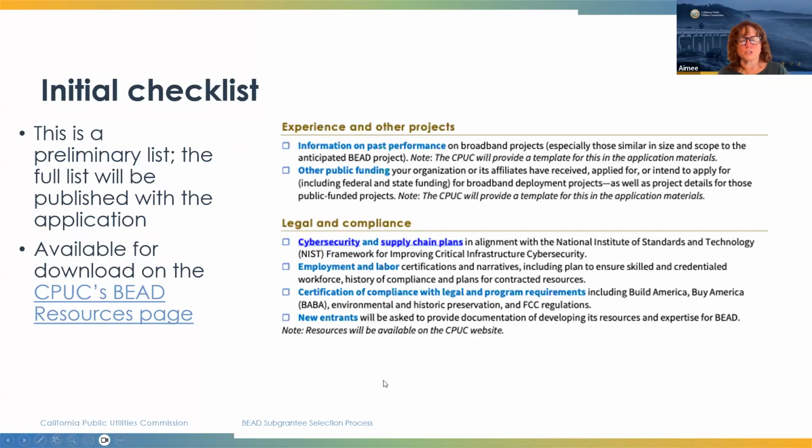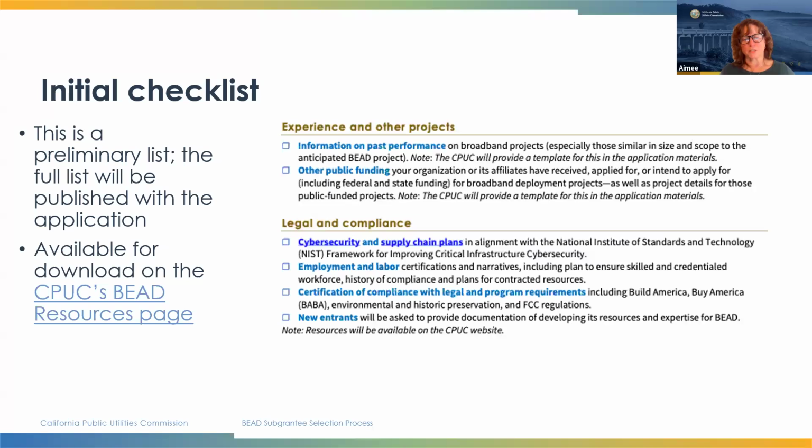There's also information on past performance and other public funding that your organization has obtained or is pursuing currently. And for some of those national organizations, you really want to think about starting to gather that information now for past performance. Think about projects, again, especially federally funded projects of a similar size and scale as to what you're planning for BEAD.